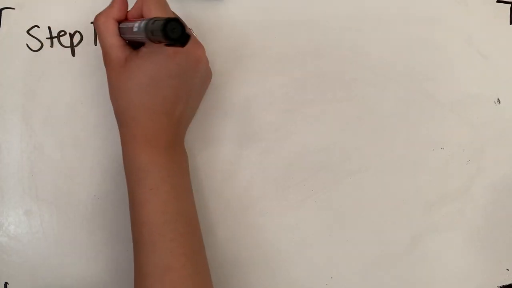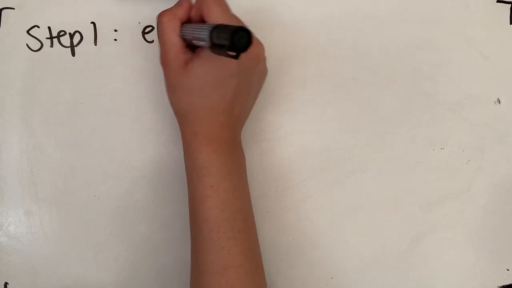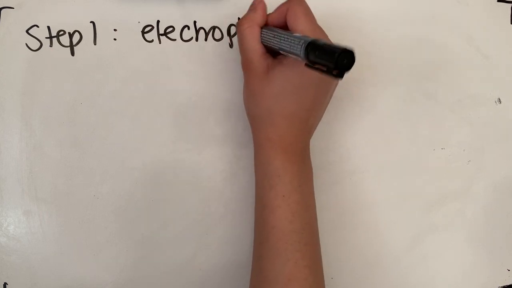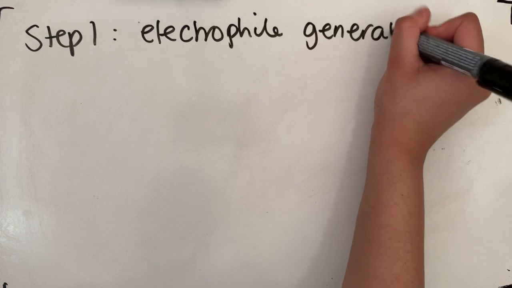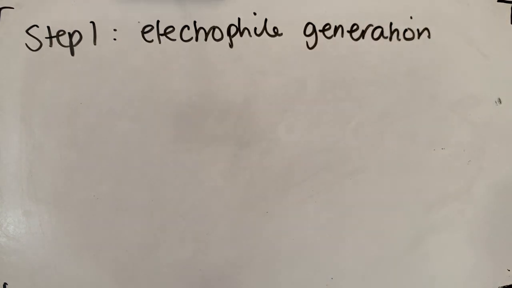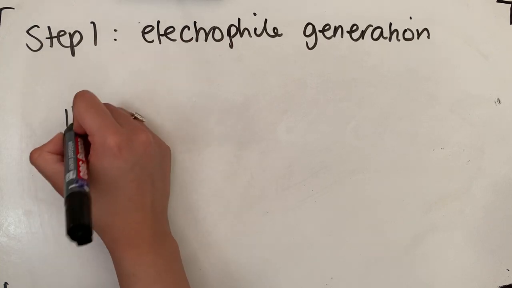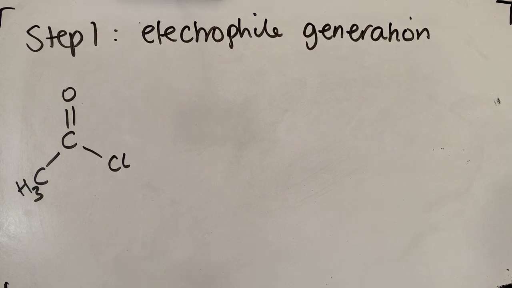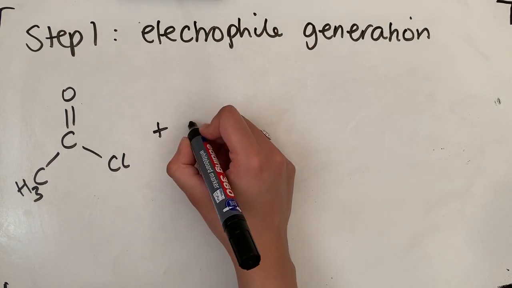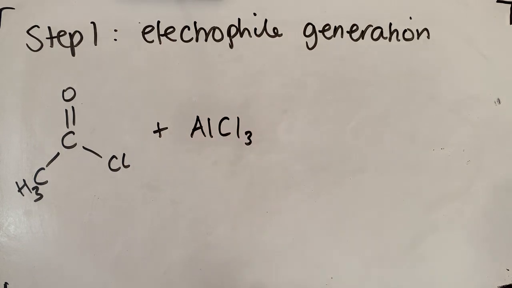Step 1, you guys should be getting in the habit of this. Step 1 is always the generation of the electrophile. So we have our compound, our acyl chloride here. We then react that with our halogen carrier, which I used as AlCl3.